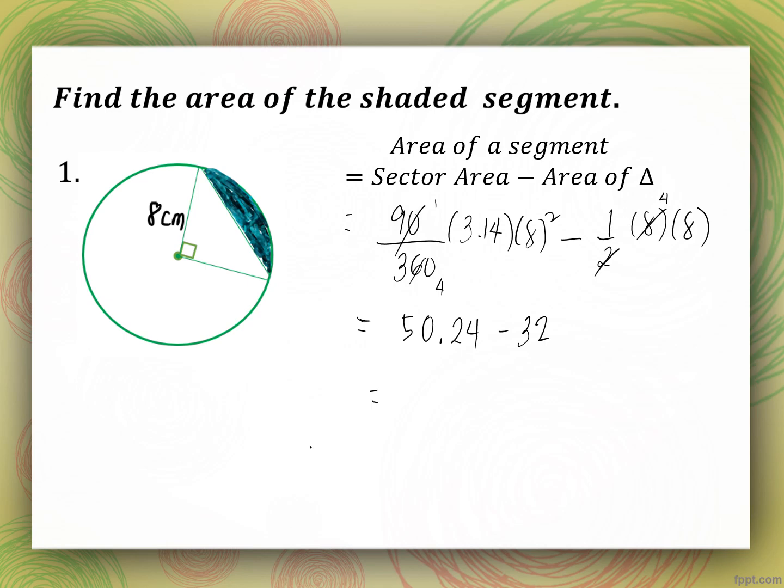Then 50.24 minus 32 is 18.24. And the unit is, of course, square centimeter. So the area of the segment we are looking for is 18.24 square centimeter.